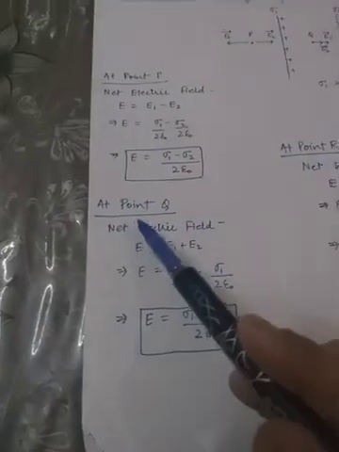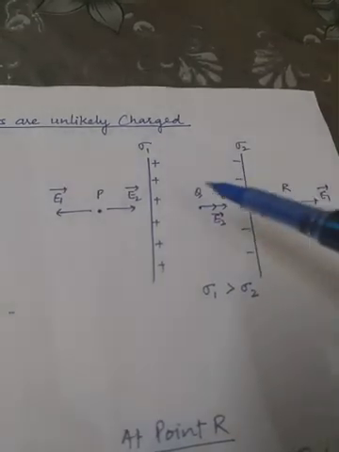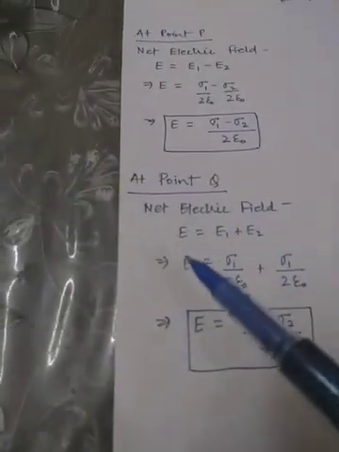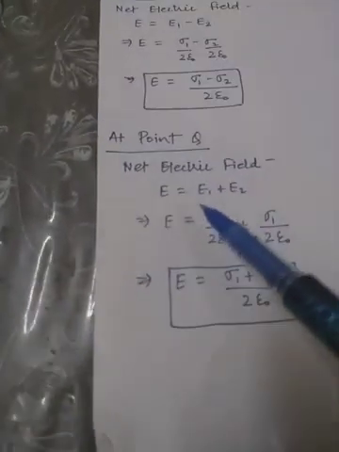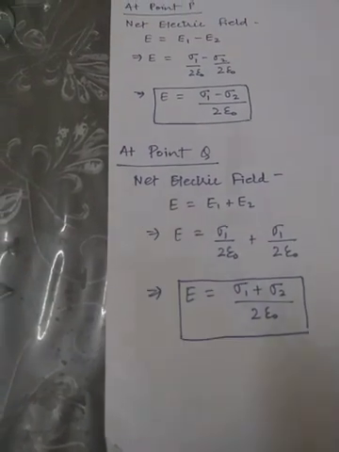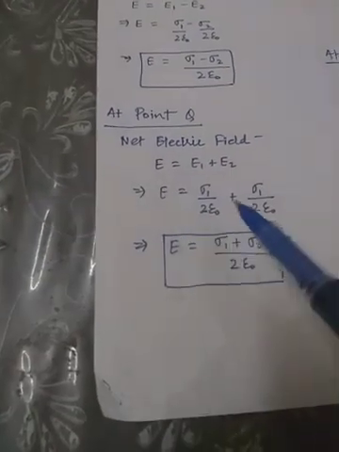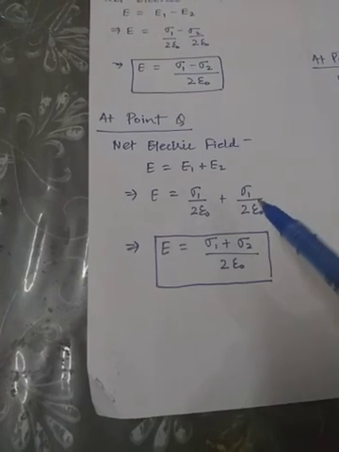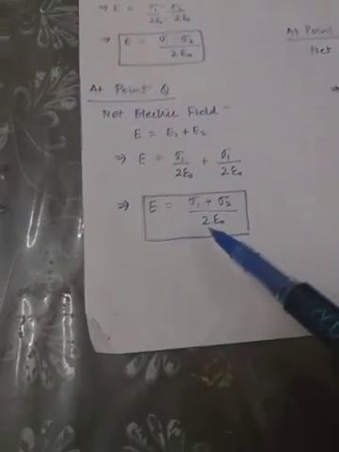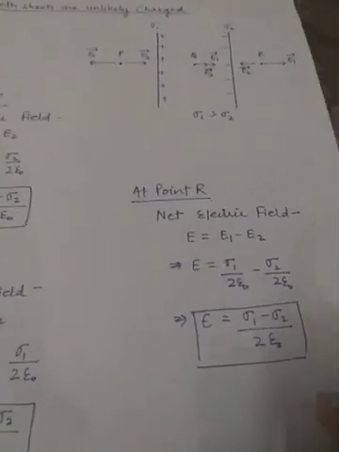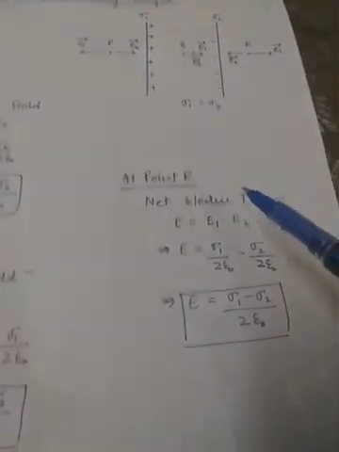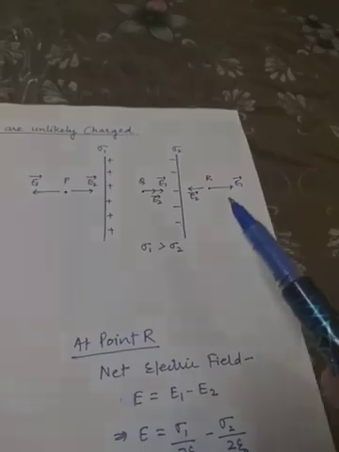Similarly, at point Q, we can see both the electric fields are in same direction. That's why E is equal to E1 plus E2. E is equal to sigma 1 plus sigma 2 upon 2 epsilon naught. This is intensity of electric field at point Q, and now at R again they are in opposite directions.